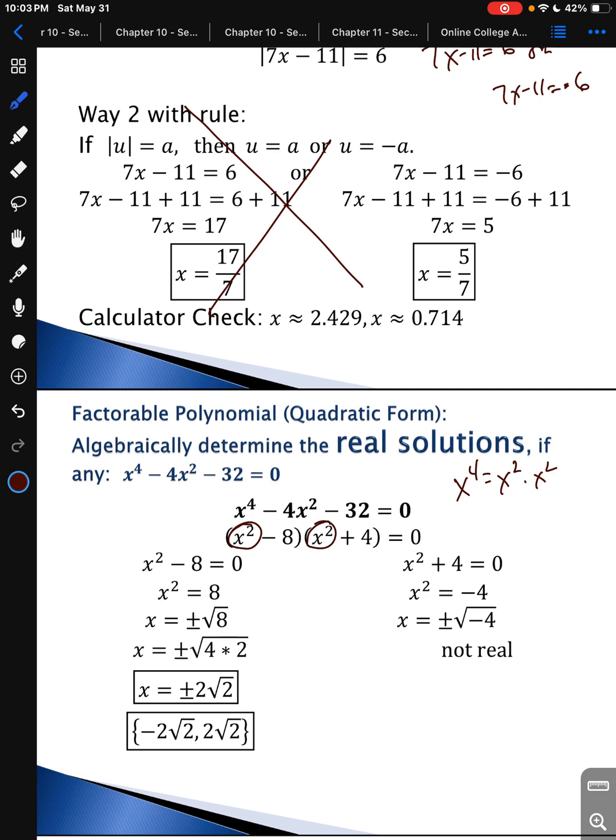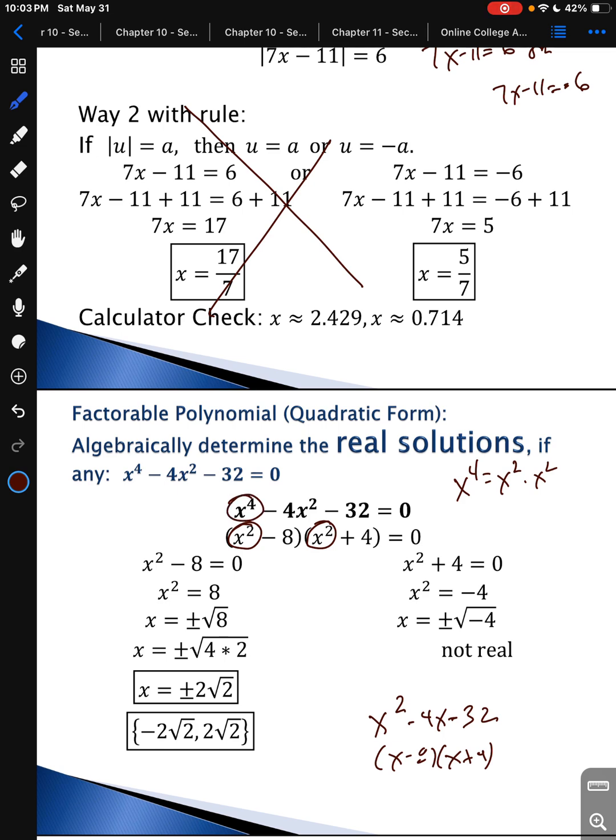So what you're basically doing is factoring this equation right here, which we know how to factor, but instead of the x squared, you have x to the fourth.